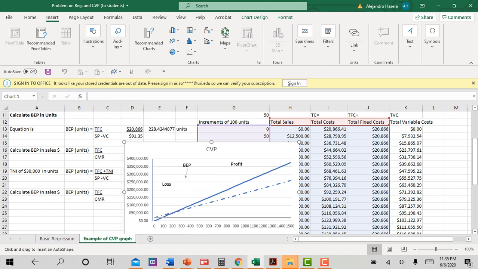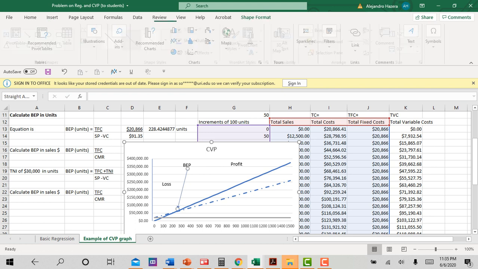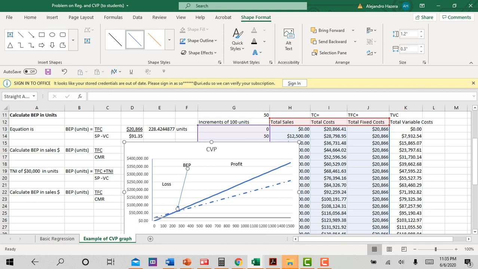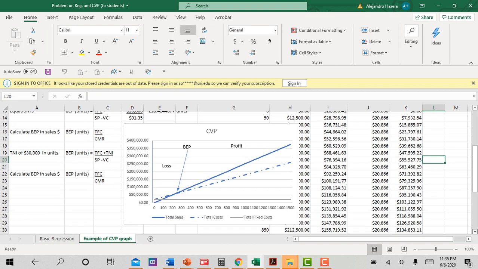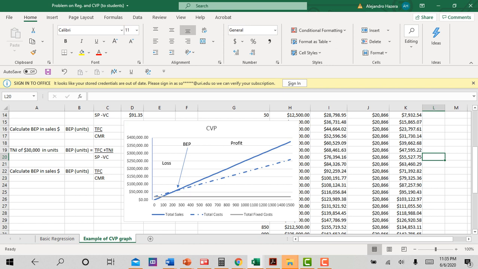The break-even point is right about there. That's where the total revenue line crosses the total cost line right there. Okay, so the total sales line is equal to the total cost line. The loss region is any point to the left, and notice right in there the point is $250,000-$60,000.